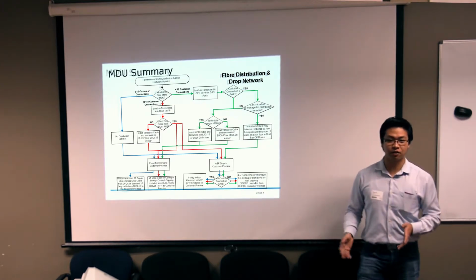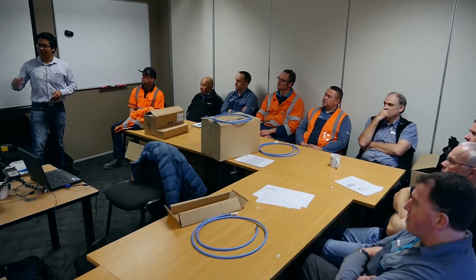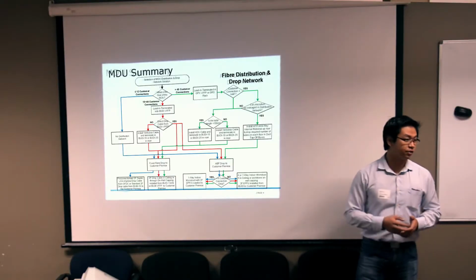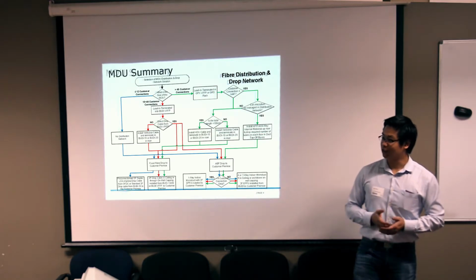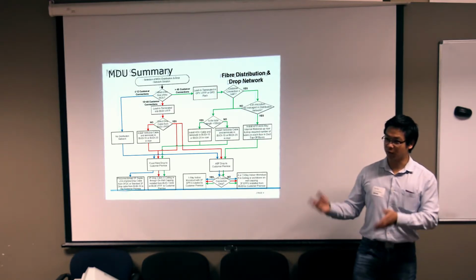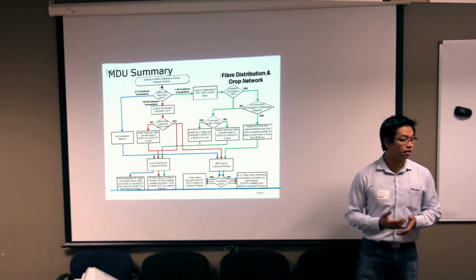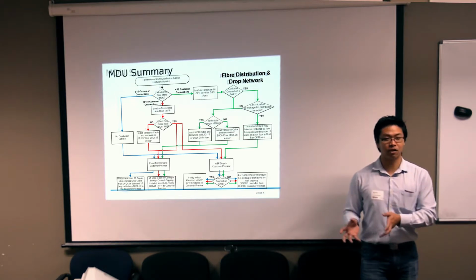Usually within the building you have pillars and a lot of 90-degree bends, which makes it very difficult to install your ribbon. So take into consideration whether it's easy to manage or not. Most of the time it's not easy to manage, so we would prefer you to install a network that is usable rather than install a cheap solution which we may not be able to provision later on in the future.